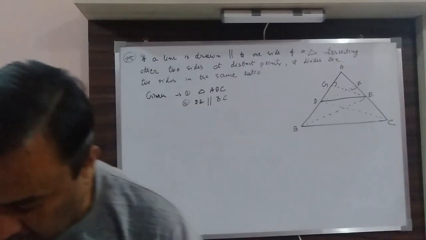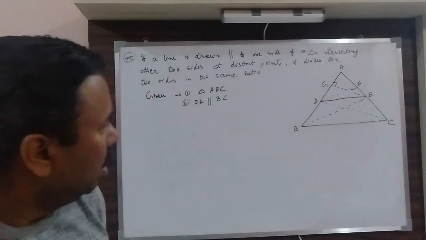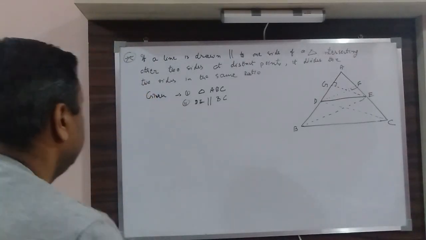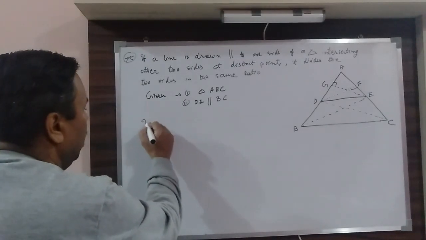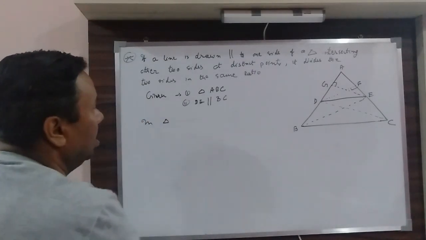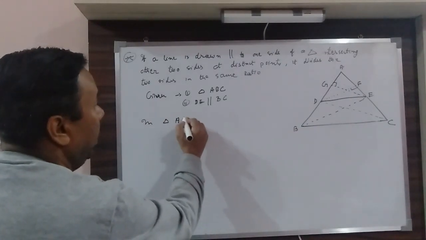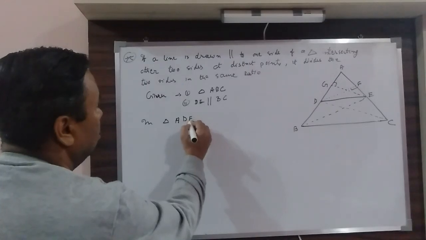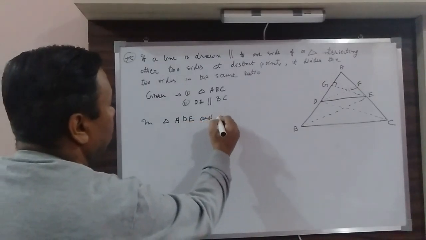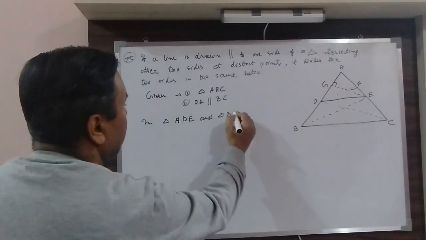Then now you see what I get is, in triangle ADE and triangle BDE.